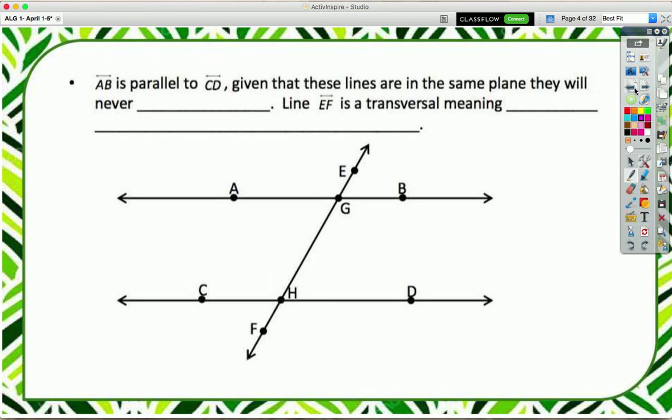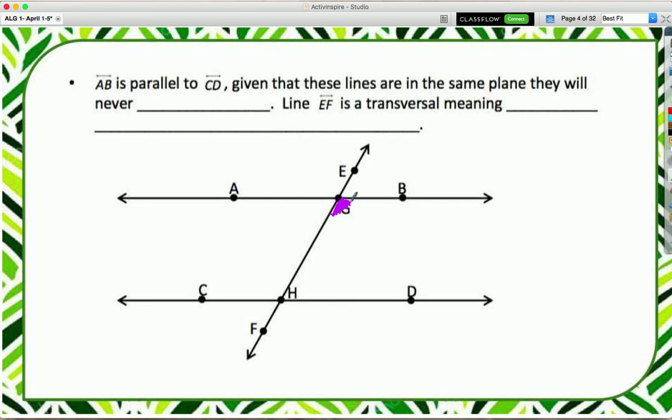Okay, so opposite sides of the transversal, inside the parallel lines. Some examples from our image here. If I've got this angle, it's inside the parallel lines. To be alternate interior, the other one would have to be this angle. These are alternate sides of the transversal, and they're in between the parallel lines. So some examples: angle BGH and angle GHC.